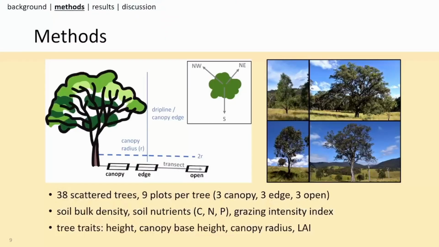And so the way I investigated this research question was I surveyed the understory beneath 38 scattered trees. These trees were randomly selected across 4 farms, and at each tree I set up 9 different plots. So 3 of these plots were beneath the canopies of trees, 3 of them at the edges, and 3 plots in adjacent open areas.